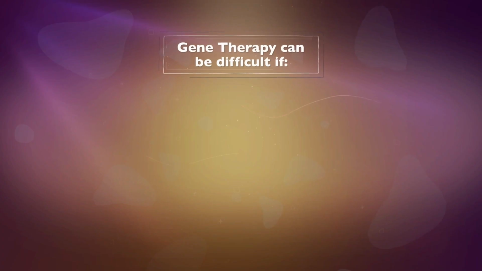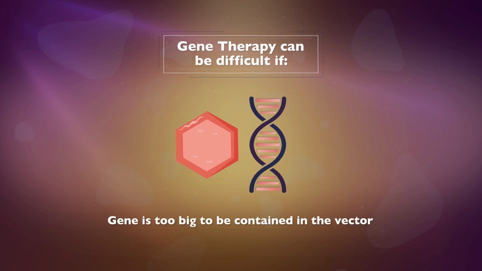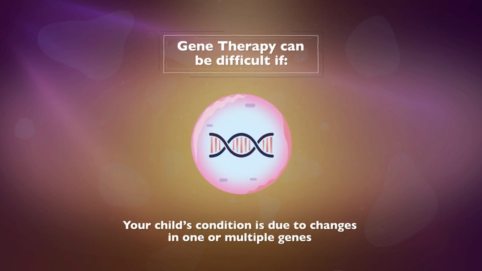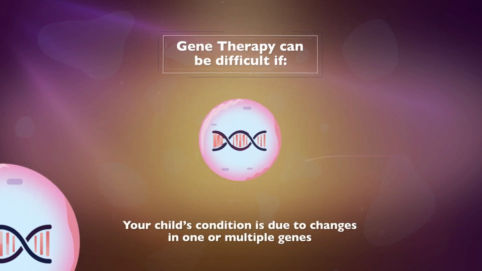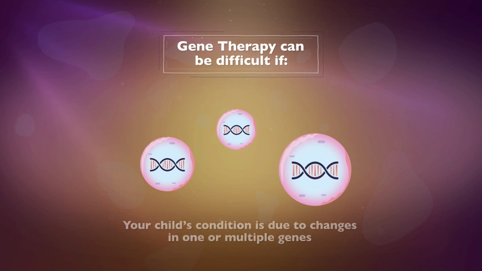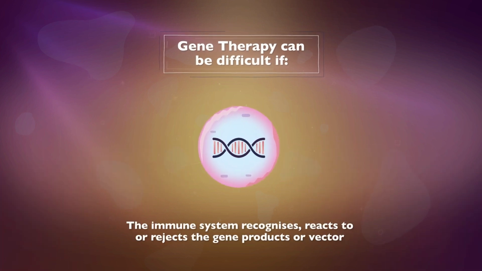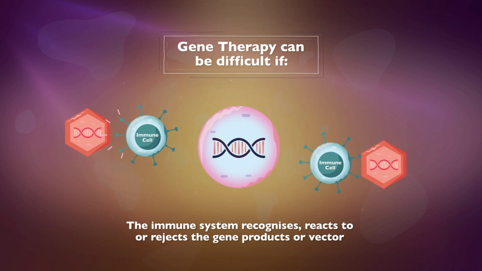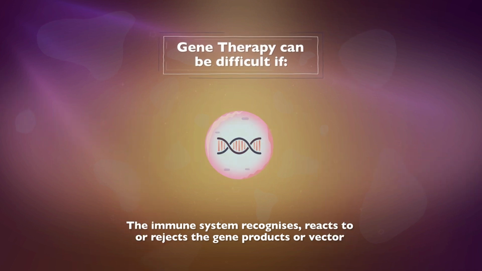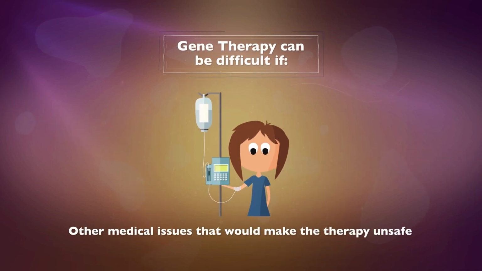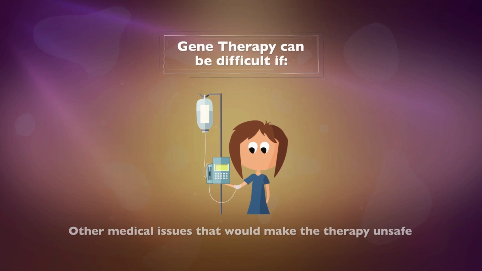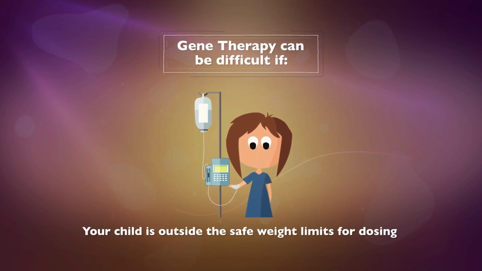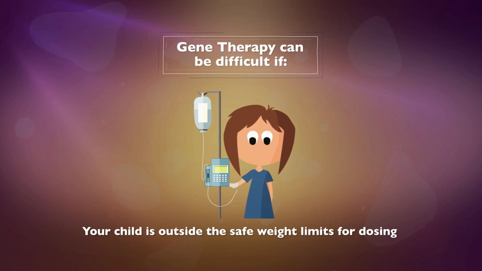It can be difficult if the gene in question is too big to be contained in the vector or envelope, if your child's condition is due to lots of changes in one gene or changes in multiple genes, if your child's immune system is likely to recognize, react to, or reject the gene products or vector, if your child has other medical issues that would make the therapy unsafe to receive, or if your child is outside the safe weight limits for dosing. In each of these instances, other therapies may be more suitable for your child.